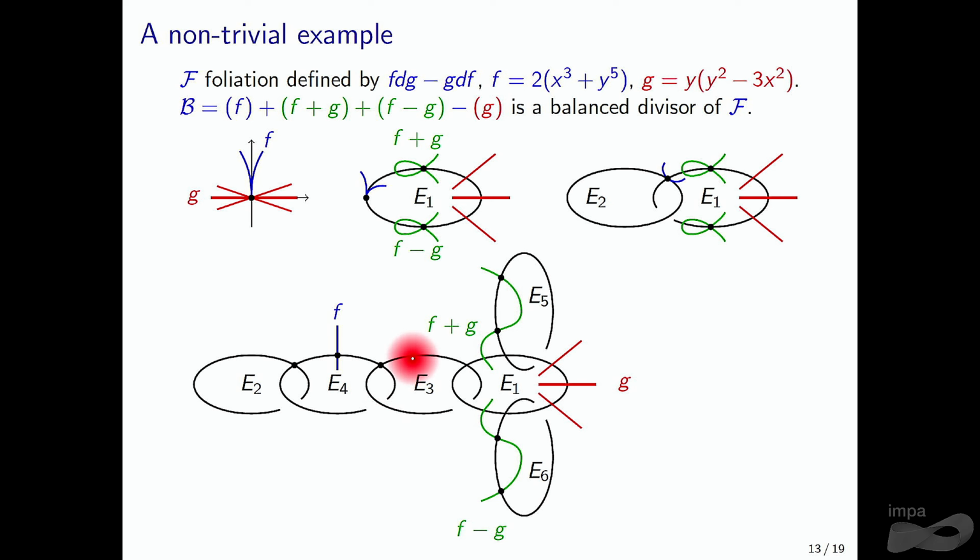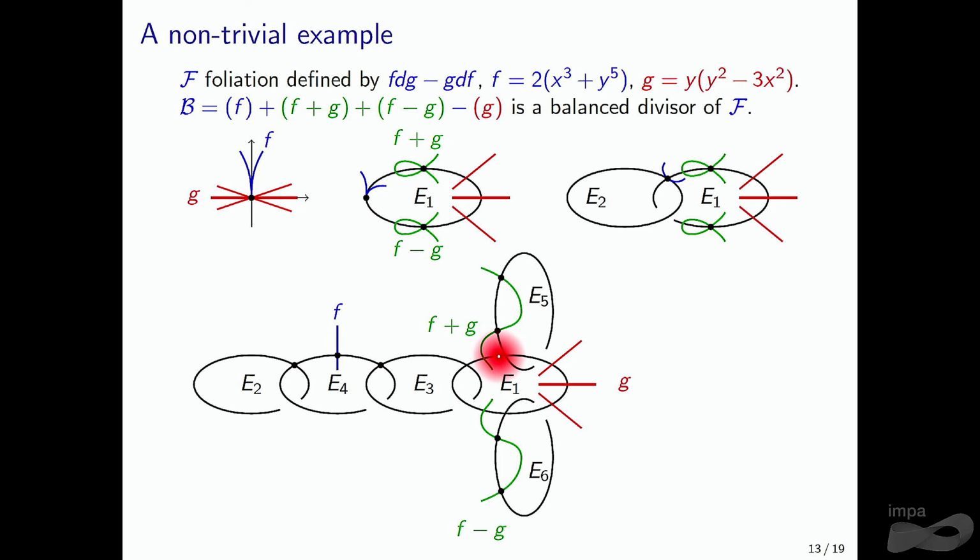So here we have the fiber F plus G, the fiber F minus G, and a balanced divisor is that. It is F plus G plus F minus G minus G. And one can see that the only critical component is E1, and the sum of the weights of the separatrices that arrive to E1 is 1 plus 1 plus 1 minus 1 minus 1 minus 1.